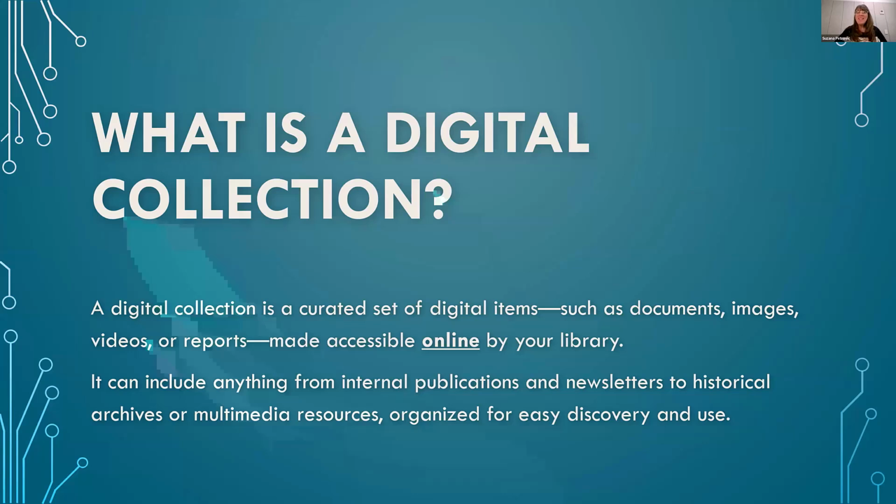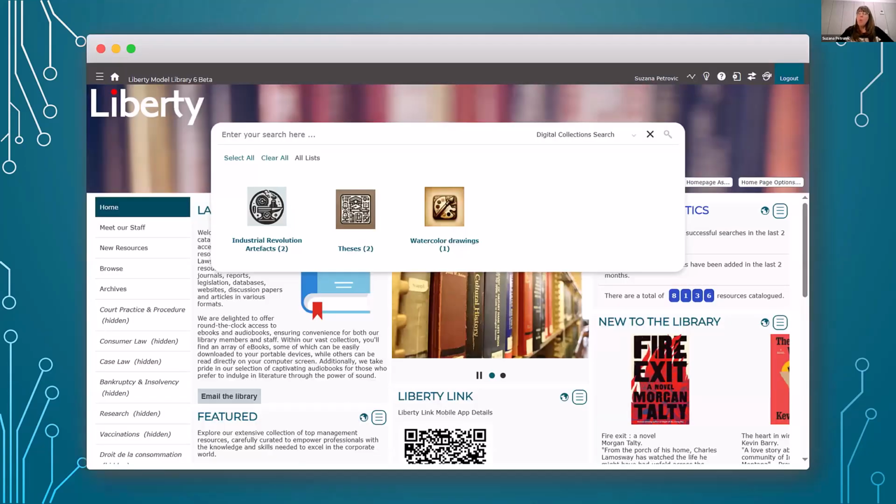So before we get into the nitty-gritty, let's make sure we are all on the same page. So when I think of a digital collection, this is what I'm thinking of. My key takeaways here is that it's anything made accessible online, from internal publications to newsletters, historical archives, or multimedia resources. They're organised and curated by you for easy discovery and use. But why?